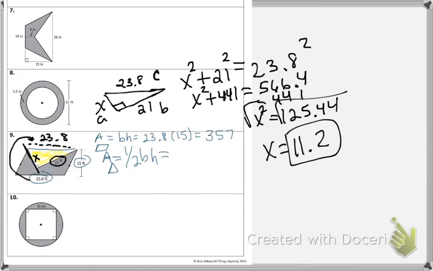The base is 11.2, hold on, so the area equals 1/2 times 11.2 times 21.